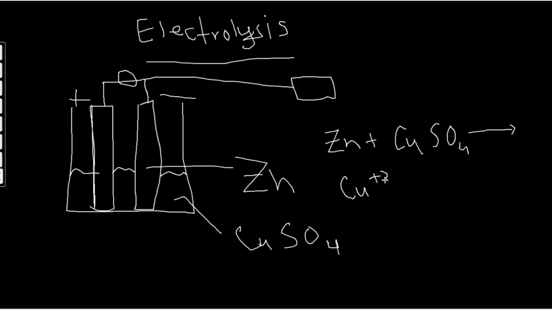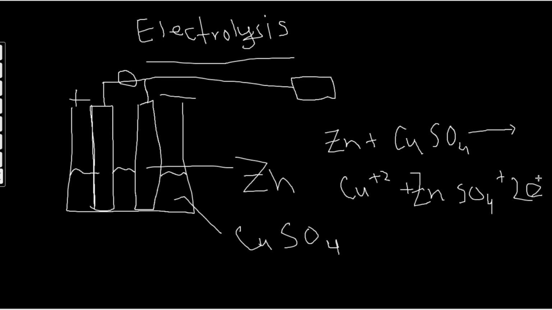Now keep in mind that here the copper will become an ion because it has been displaced from its copper sulfate form, but it will recombine with its 2 electrons that it's lost to form copper again.